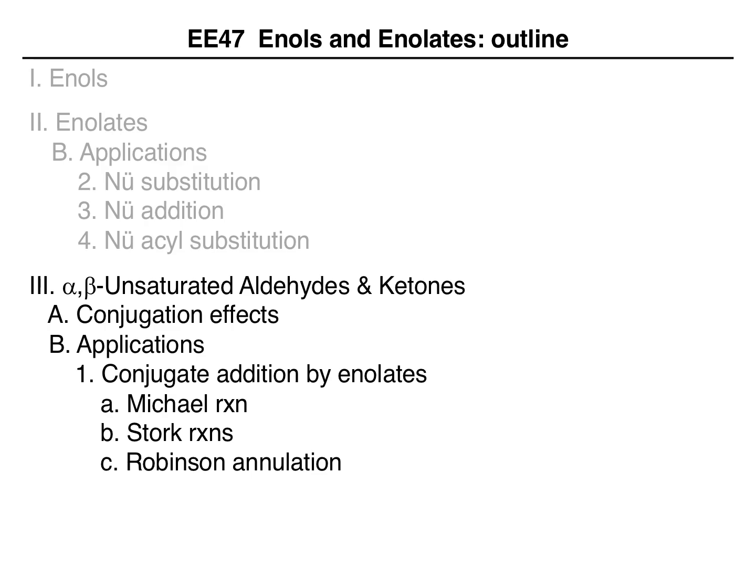In our last major topic on enolates, we will be looking at enolate addition to alpha-beta unsaturated aldehydes and ketones. We've already talked about nucleophilic substitution, nucleophilic addition to aldehydes and ketones, and nucleophilic acyl substitution, primarily adding to esters.